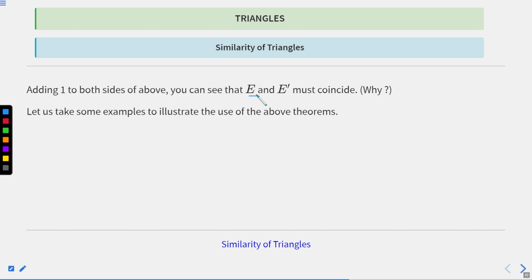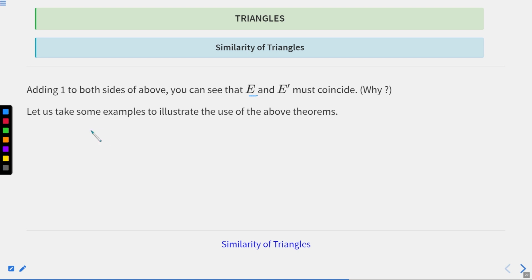We first assumed that DE is not parallel to BC, but DE dash is parallel to BC, and E and E dash coincide. This contradicts the fact that DE is not parallel to BC. That means DE is parallel to BC.